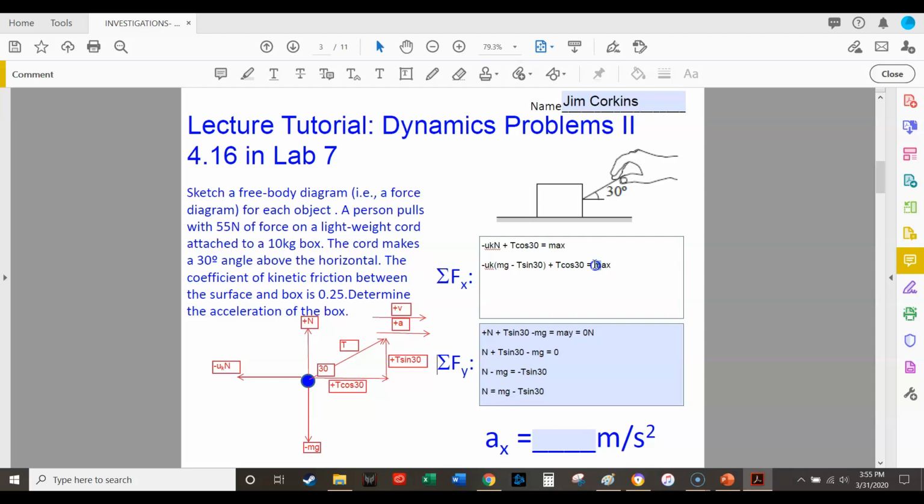I'm going to divide both sides by mass to get acceleration alone. So I'm going to just copy this equation right here, paste it right here. I'm now going to divide both sides by m. I'm going to divide this whole thing by m.